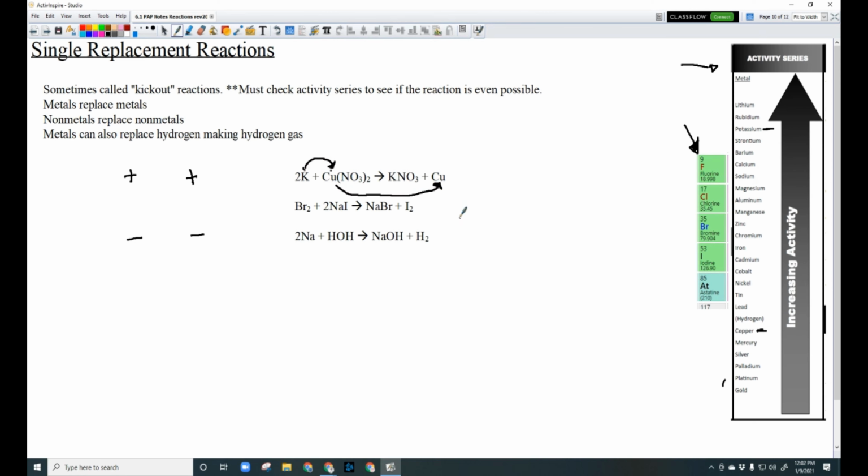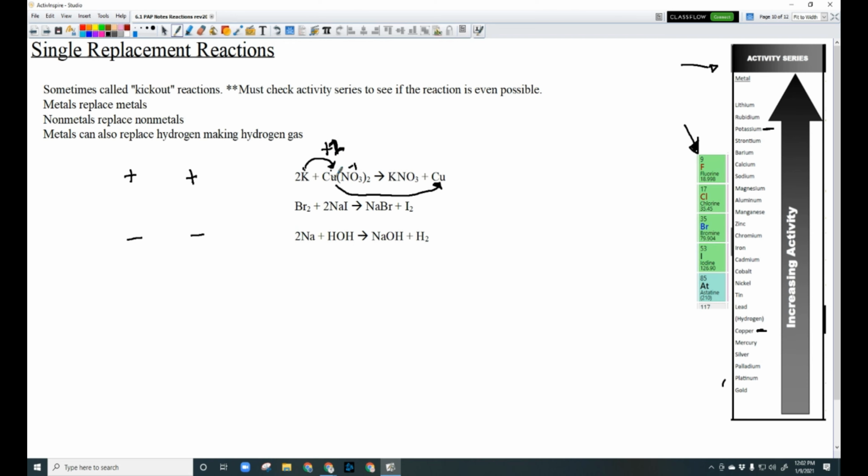Copper is going to be here, and potassium is going to replace copper in this. So we have KNO3 right here. Now the reason we see that we have 2 NO3s with copper and only 1 with potassium has to do with the charges. Okay, so this is copper, this has a charge of 2, because nitrate is -1.